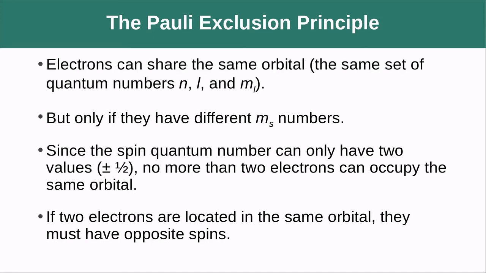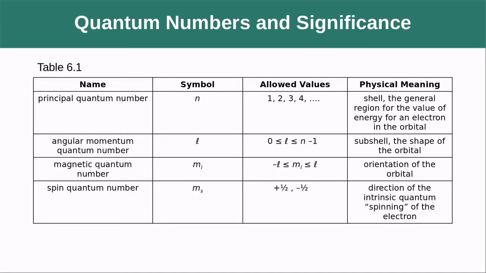It doesn't have to have 2 electrons; it could have 1, but it can't fit more than 2. If 2 electrons are in the same orbital, they must have opposite spins. Here's a nice little table summarizing the allowable values for n, l, ml, and ms.